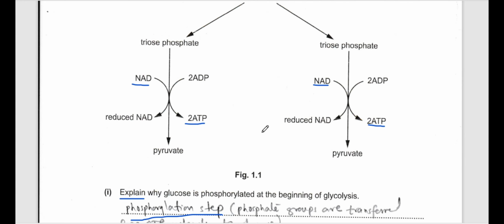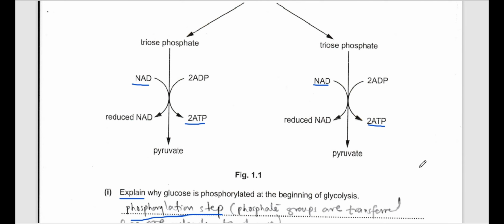So altogether we are getting two reduced NAD molecules. This oxidation and reduction is very important. Why? Because the triose phosphate is being converted into a different molecule, which is pyruvate. Because we had two triose phosphate, we will be getting two pyruvate at the end of glycolysis.